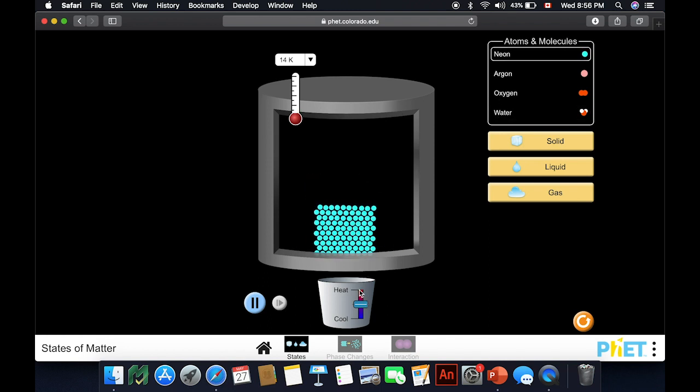I'm going to show you an example of thermal contraction and expansion with this little model here. Neon is the element that I'm going to be using. I'm going to change from adding heat to cooling it. I'm going to add energy and I'm going to take away energy.